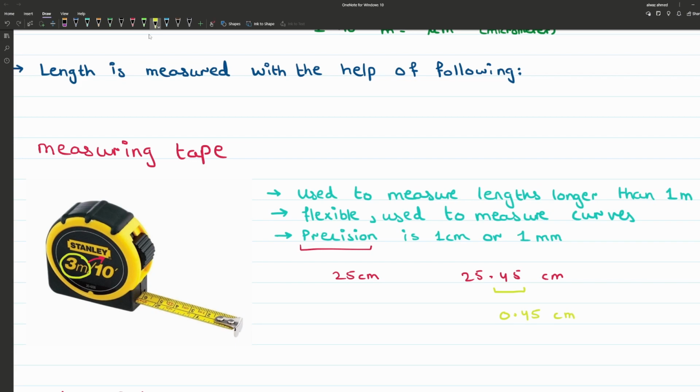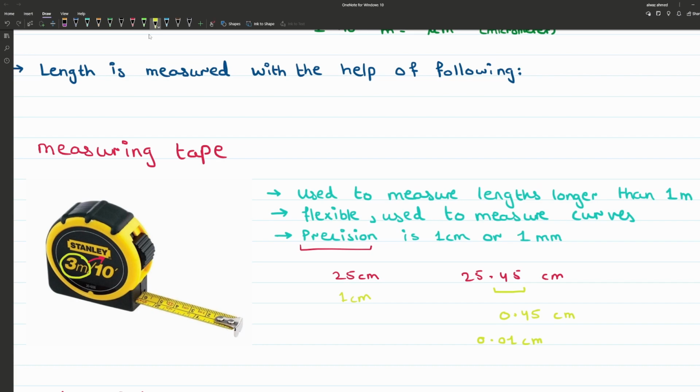This means that the second reading has a higher precision than the first one. The precision of the first reading is 1 centimeter while the precision of the second reading is 0.01 centimeter. I hope that makes sense.